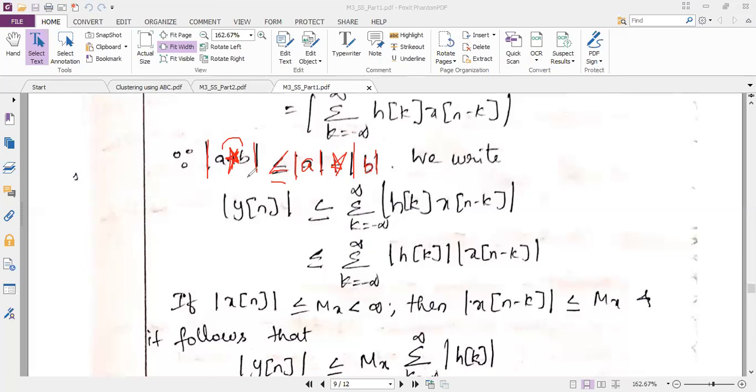So when you write the notes, don't use the plus sign, okay? It is a product, since in the previous equation we have a product. So the replacement is less than or equal to the magnitude of the first term multiplied with the magnitude of the second term. The summation is common, which is taken outside.